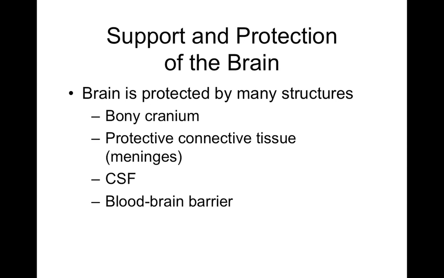And so knowing that the brain is so soft, it could be potentially damaged if it moves around too much within its cranium. It needs to be supported and protected in a variety of ways. It's not sufficient to say that the cranium can adequately support and protect the brain. Sure, our bony cranium does surround our brain and protects it, but to an extent, because the bony cranium itself is hard, right?